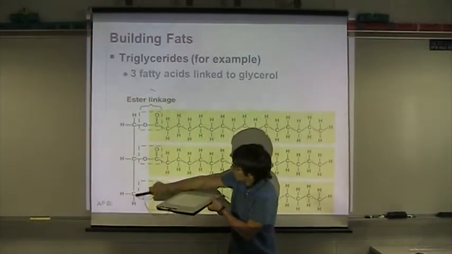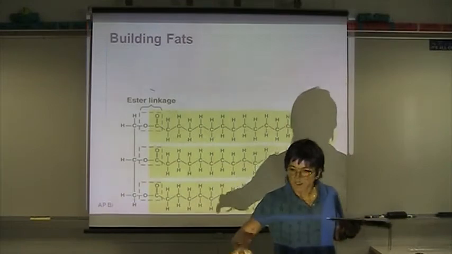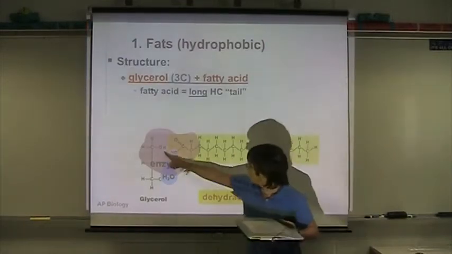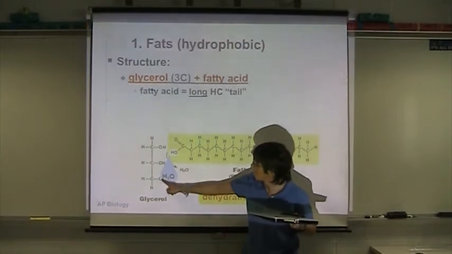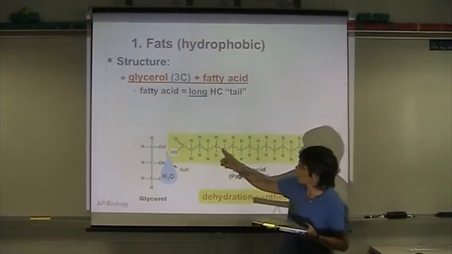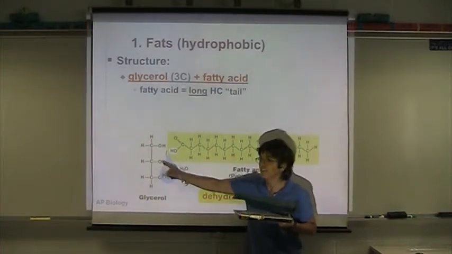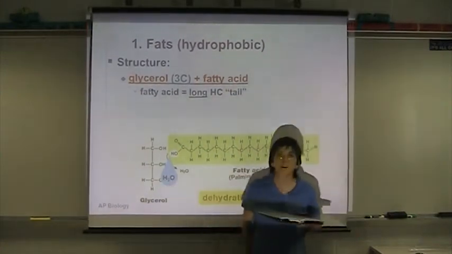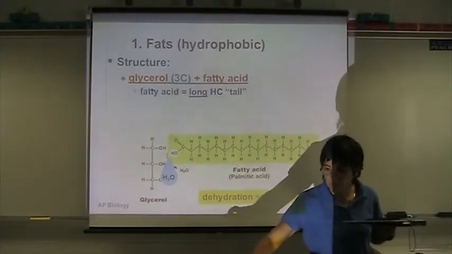And so I said that these are called triglycerides. Here is your glycerol. And remember from before, how many places? OH, OH, OH. Hello, you are going to attach one fatty acid here, another fatty acid here, and another fatty acid here. You can attach 3 fatty acids to that molecule.